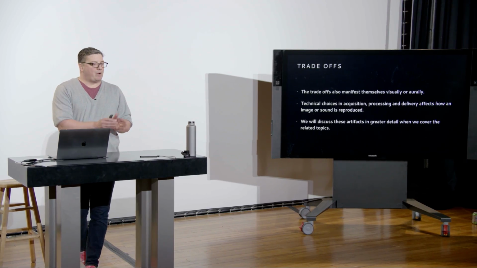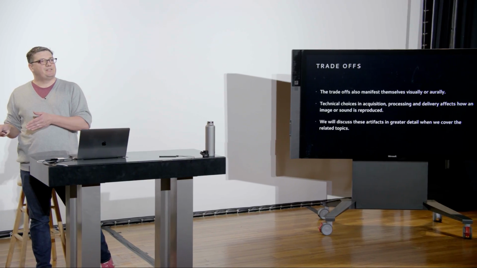The technical choices in processing matter to your end deliverable result. All right? And so as we go through the course, when we talk about photography, when we talk about video, when we talk about audio recording and HTML, we are going to frame it through this idea that the visual choices are made in advance. That you're thinking consciously about, I want my image to look this way versus this way.